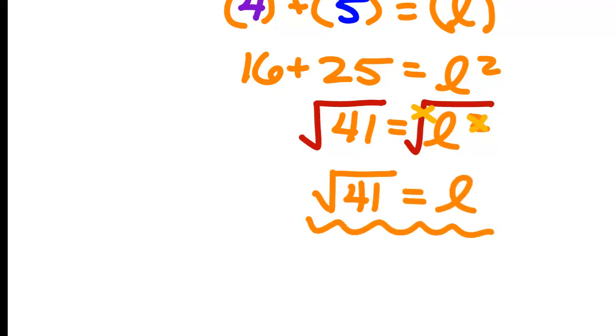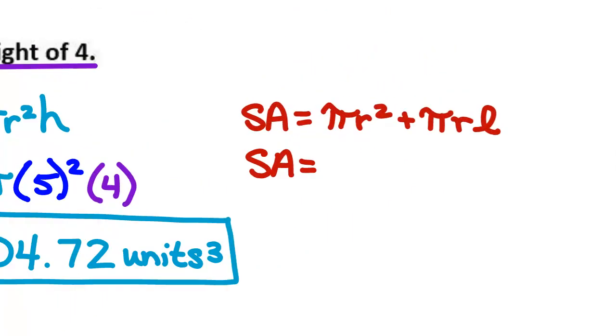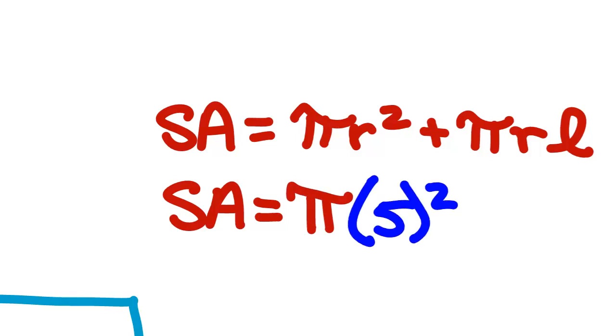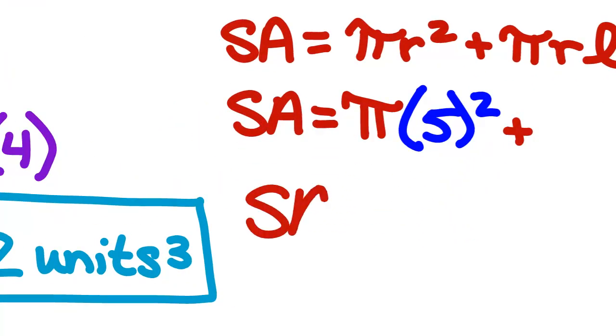And we'll worry about changing it into decimal form when we actually calculate our surface area. So surface area, pi times my radius of 5 squared. Let's pause for just a second and do just that part. That would be the area of my circular base. What is pi times 5 squared?